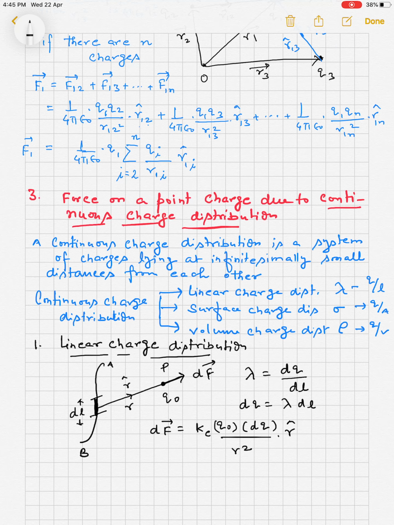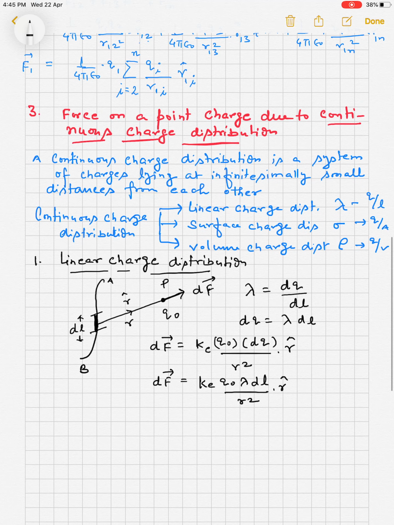Now putting the value of dq, we get Ke Q naught lambda dl upon r square into r unit vector. So this is the small force due to the element.